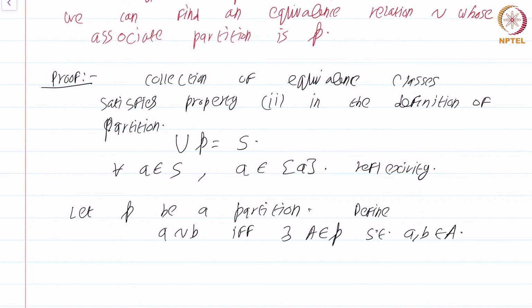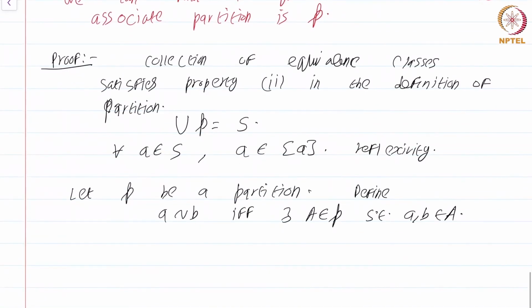So what I do is I look at this partition. It will consist of several sets which are subsets of the given set S. I put the relation that A is related to B if and only if there is some element in the partition, in other words some subset which is present in the partition, such that both elements A and B belong to it.